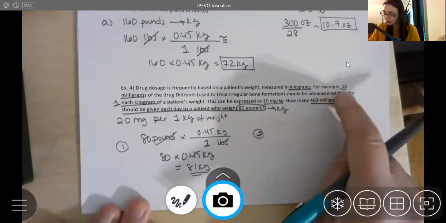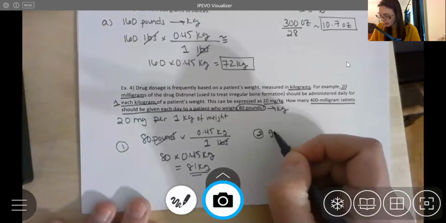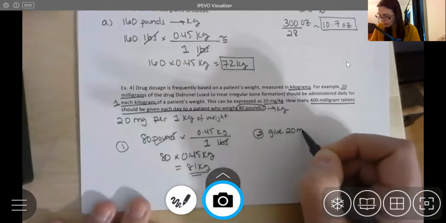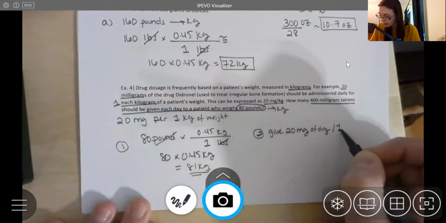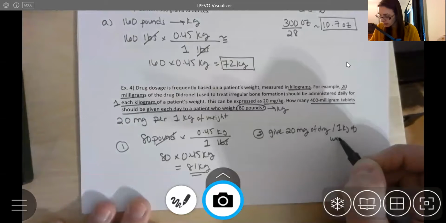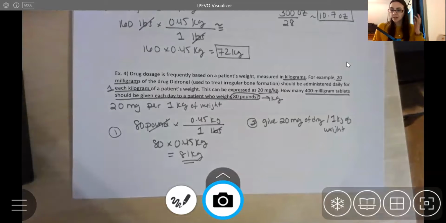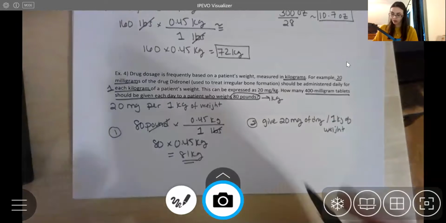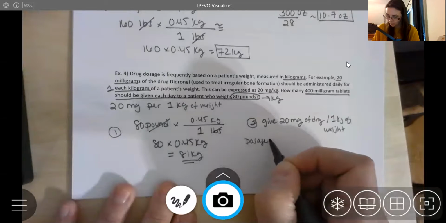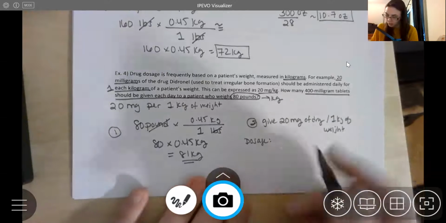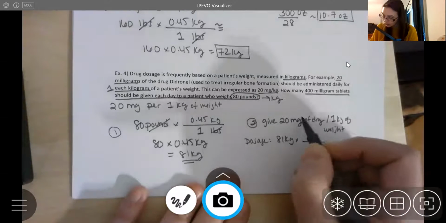Now for this example, I know that I have to administer 20. So I'm going to give 20 milligrams of the drug for each 1 kilogram of body weight. So the next thing I need to figure out is, well, how much does the person actually need of this drug? So now I'm finding the dosage. So I have that they weigh 81 kilograms, and I want to figure out the milligrams.